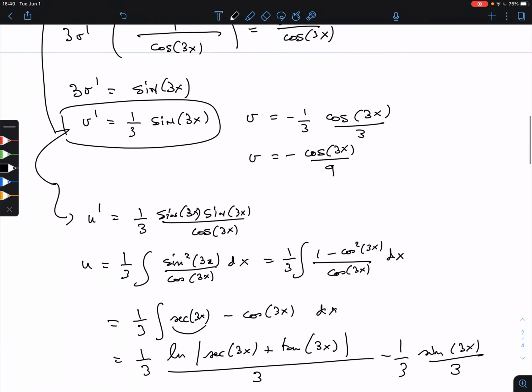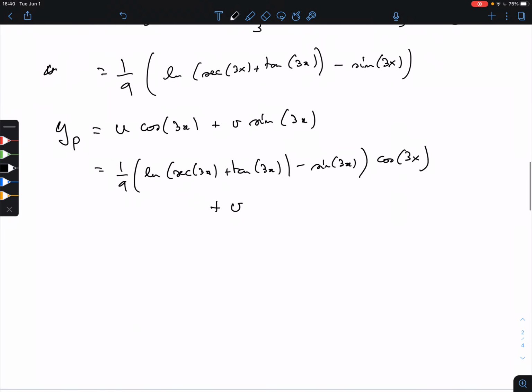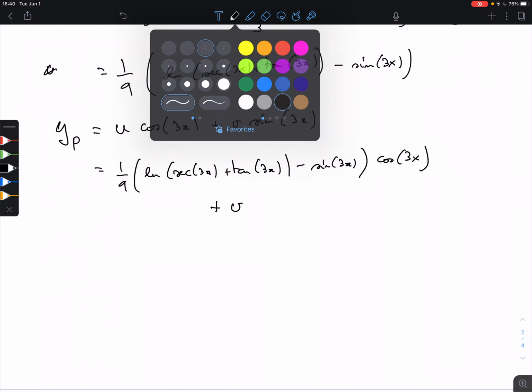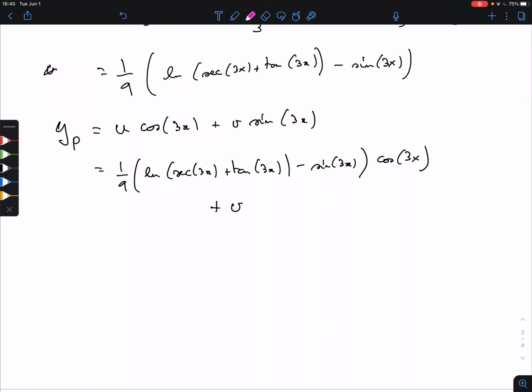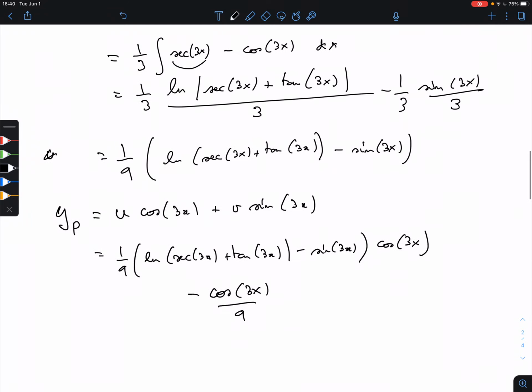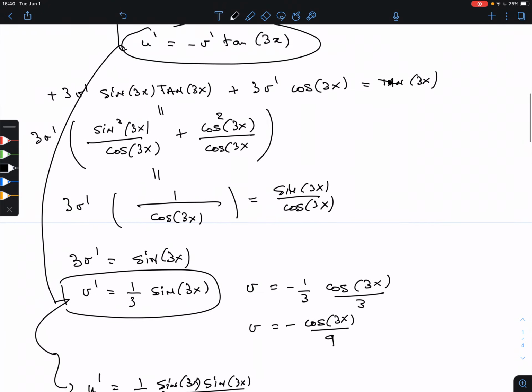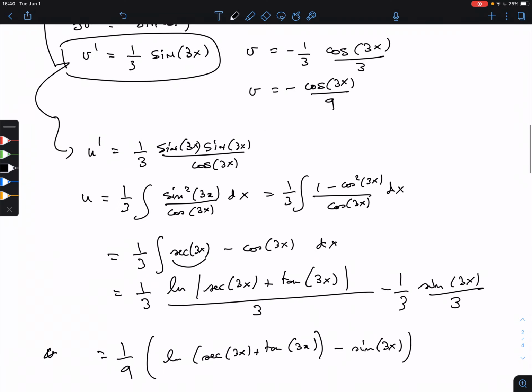Well, v was minus cosine 3x over 9, and then times sine 3x, okay.